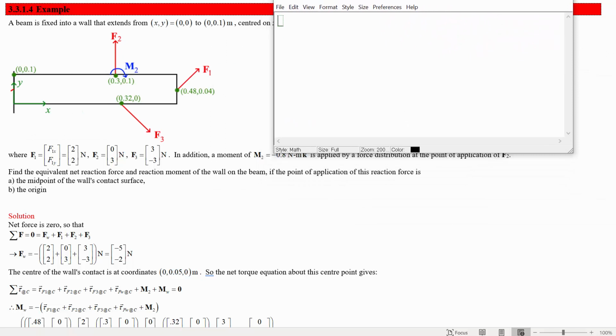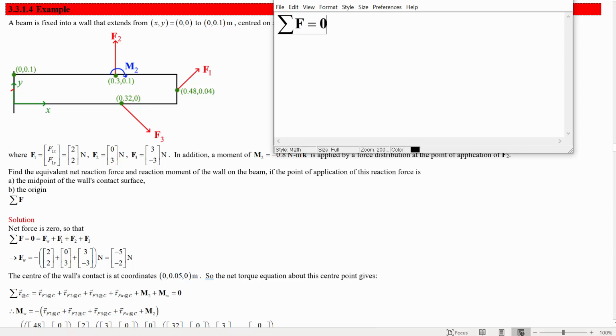is going to be that we say that the net force is equal to 0. And the net force is going to be the sum of all these forces, right?